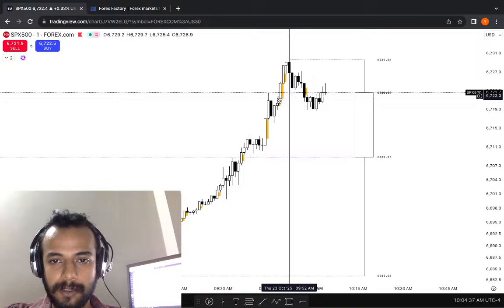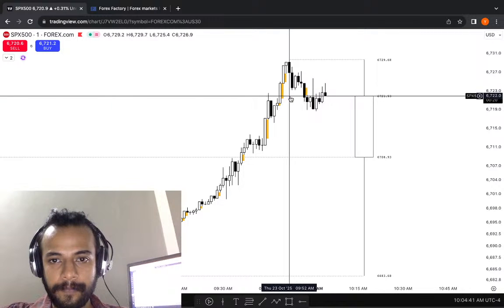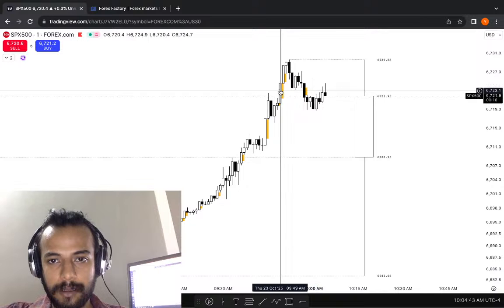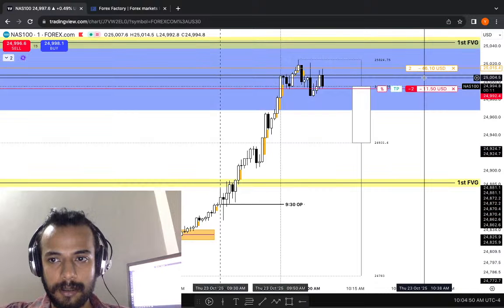Look at this gap I told you about in S&P. It completely broke it and now it is respecting it down there, but look at that.